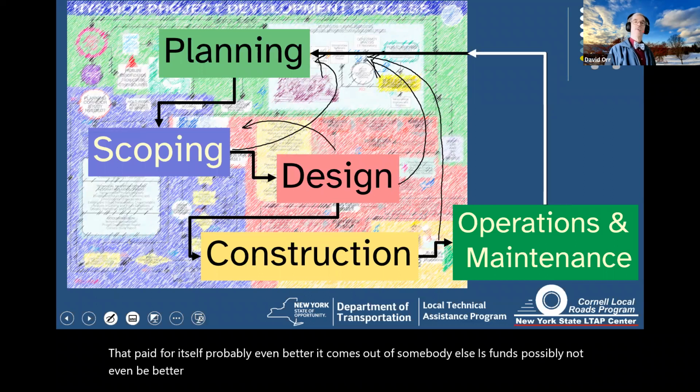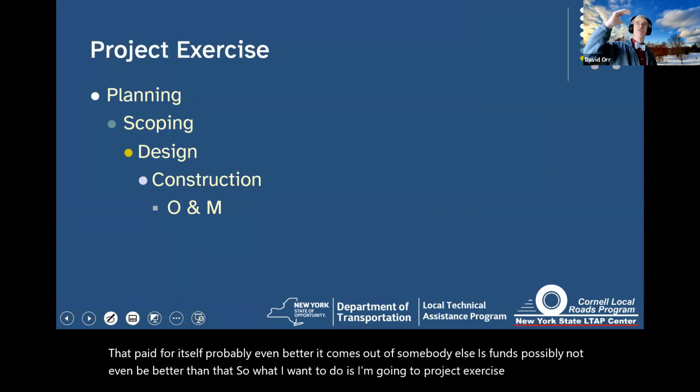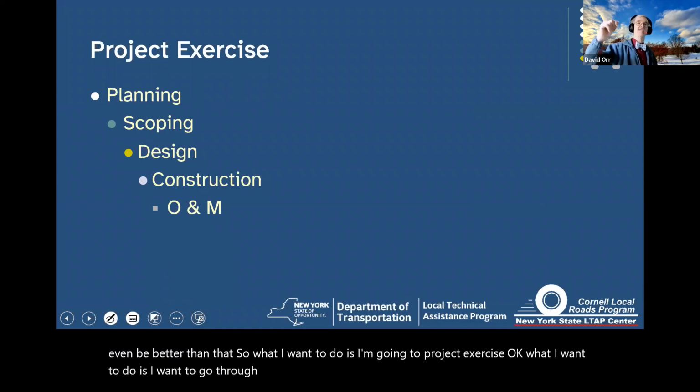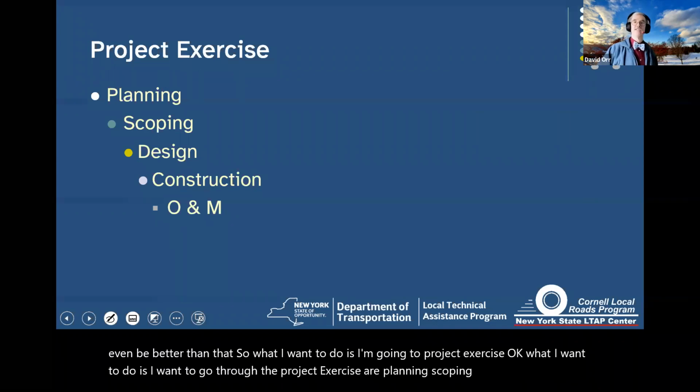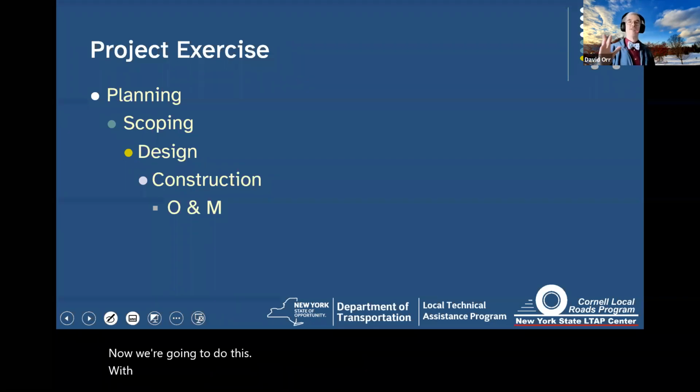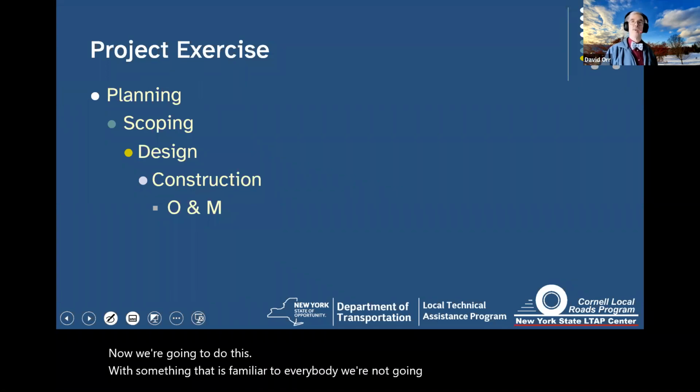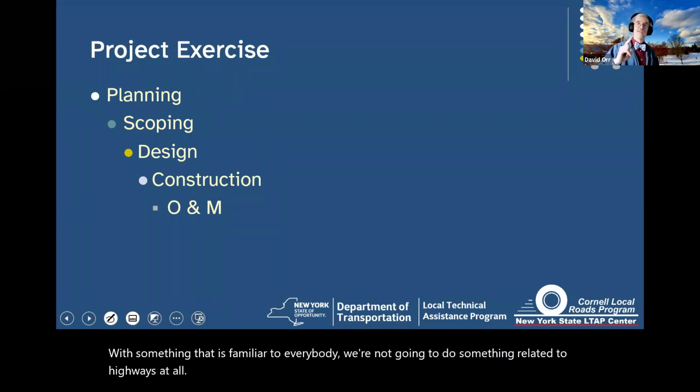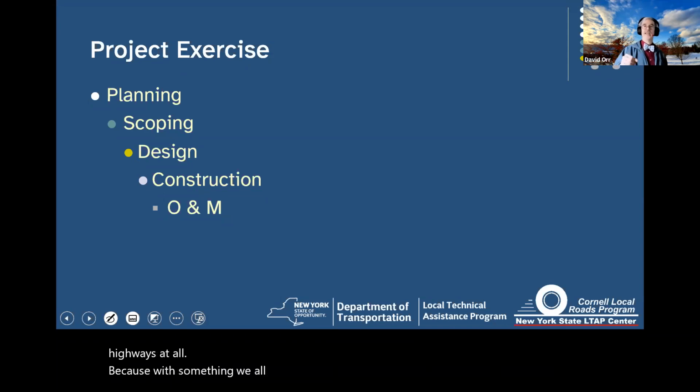So what I want to do is a project exercise, okay? I want to go through the project exercise of planning, scoping, design, construction, and operations and maintenance. Now we're going to do this with something that is familiar to everybody. We're not going to do something related to highways at all because it's something we all do probably every single day.